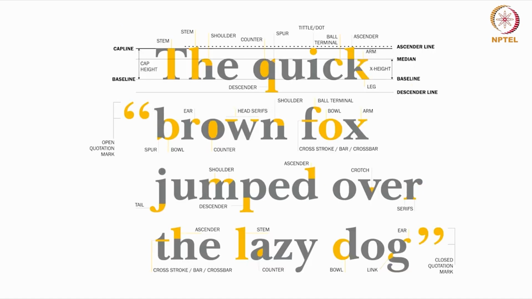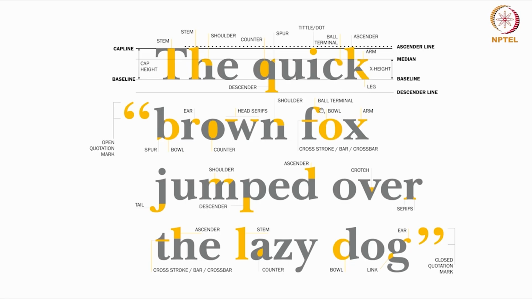Similarly, these are some more features. If you look at this, there is a spur, there is a tittle, which is the dot on the letter I, then there are ball terminals, there is an arm, and this is a bowl.